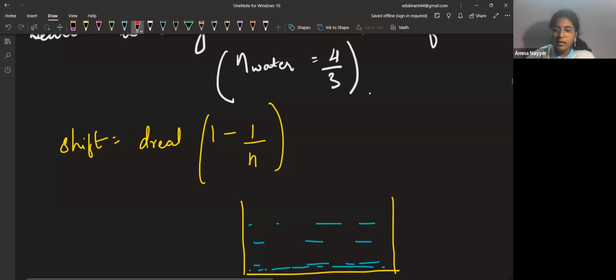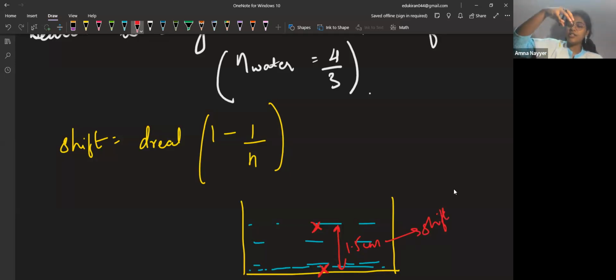Suppose there was a mark made, and up to this step you are able to see the mark. Earlier, when we were focusing the microscope at this point, we were not able to see it. So the microscope was adjusted and raised by 1.5 centimeters. It means this is the shift that is occurring. So we have shifted it.